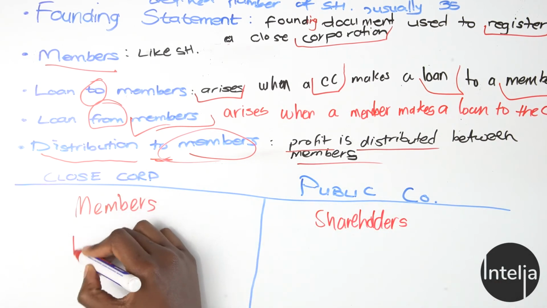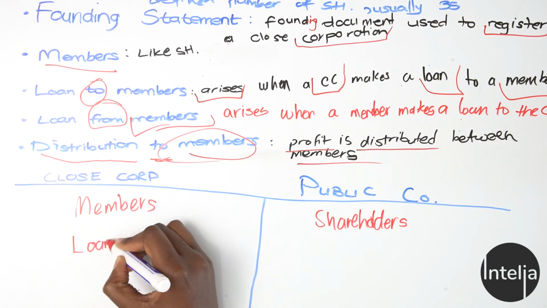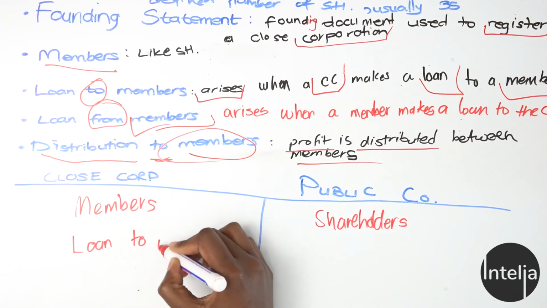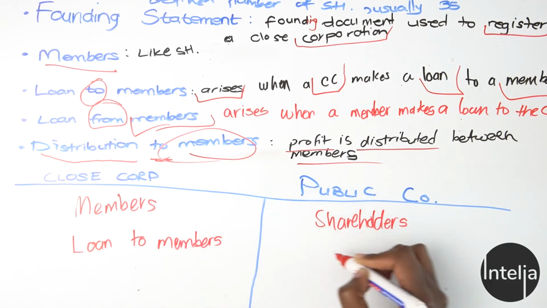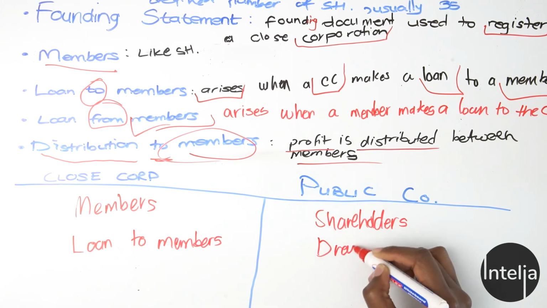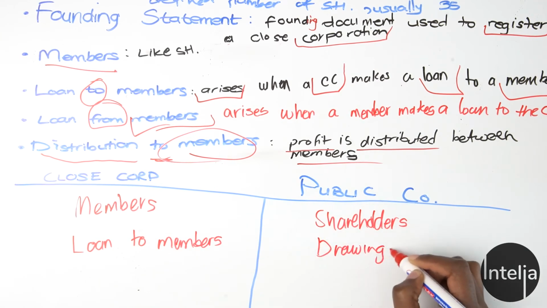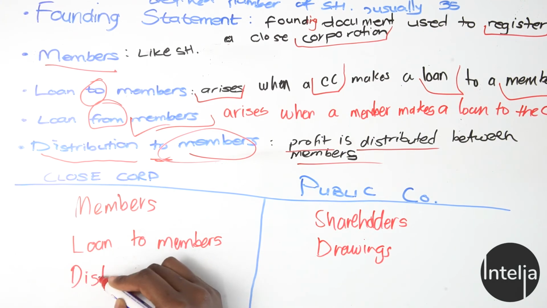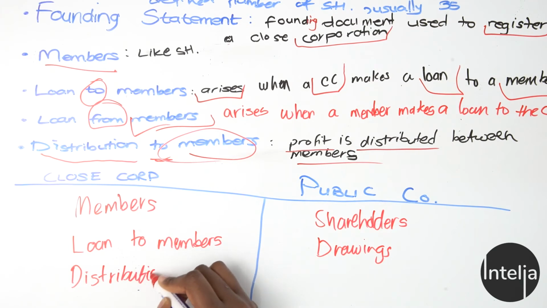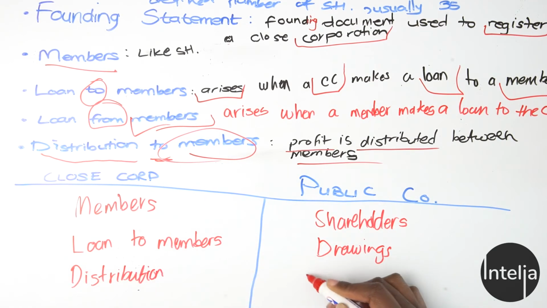Here we have loan to members, here we have drawings. Here we have distribution, here we have dividends.